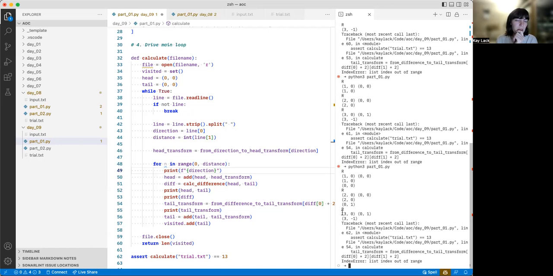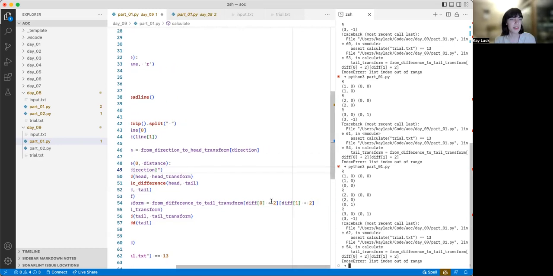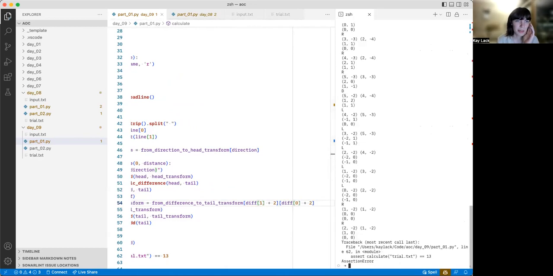Then head moves another 1 to the right. Oh, but it's moving on the y-axis. Yeah, it's because this is the wrong way around, I think. Actually, it's the wrong way around.